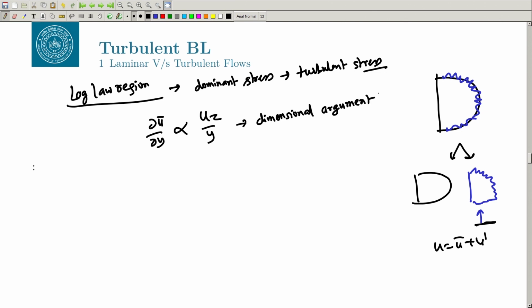Considering that the viscous stress is not that important here, viscosity is not very important, but indirectly the viscous effect comes through the wall shear stress.